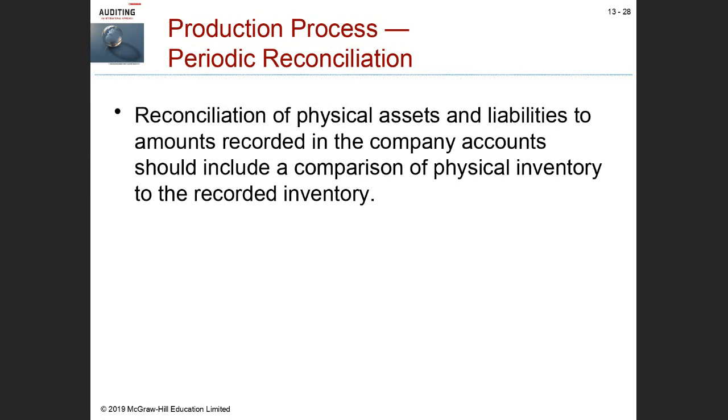And so let's say we spend X dollars. So for example, let's say we spent $1 million. For that $1 million, we should have been able to produce 10,000 units of inventory. So we should actually count, right, from time to time, how many items do we actually have compared to the costs that we've actually incurred.